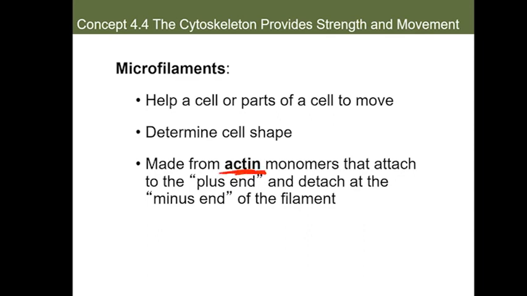So this is a type of protein that attaches to the plus end and detaches at the minus end of the filament. So you have your actin, and it makes a filament.